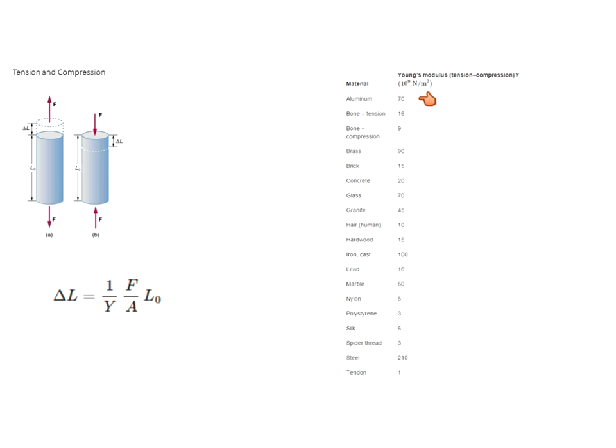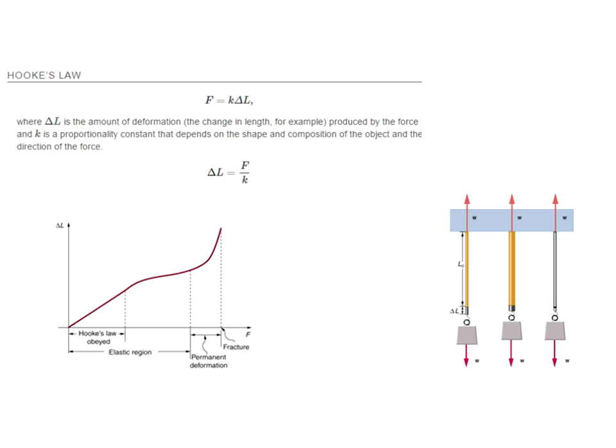Let's look at that in a more generic sense. There's something called Hooke's law. Hooke's law describes the general relationship between the force acting on something and how much that something stretches.